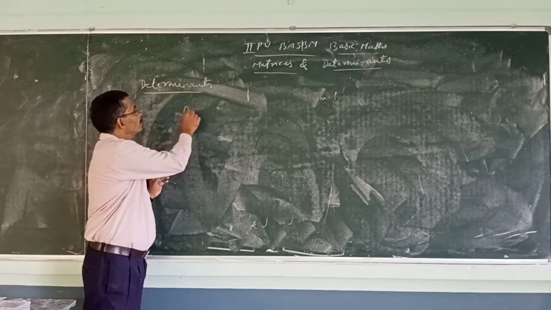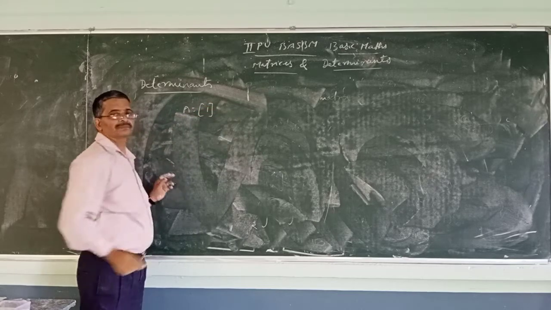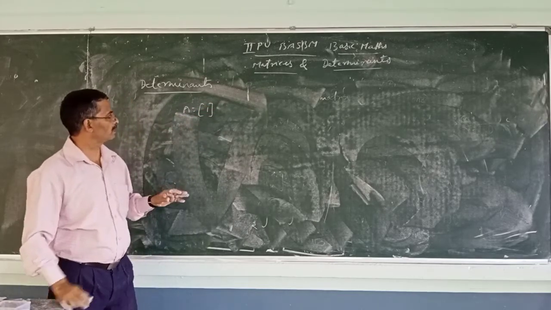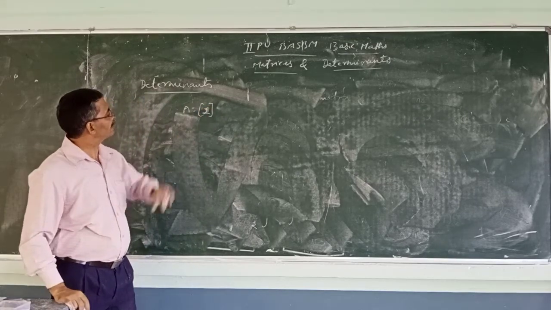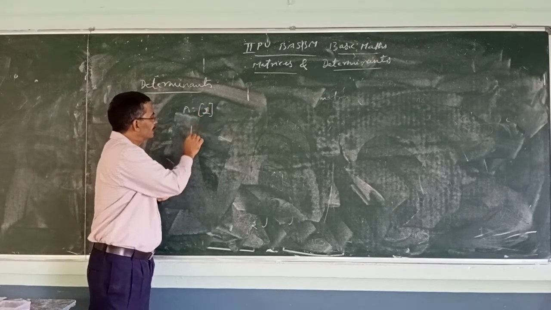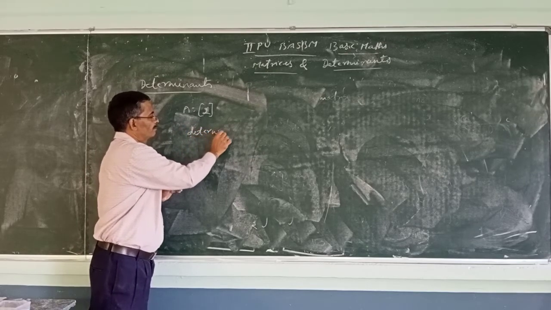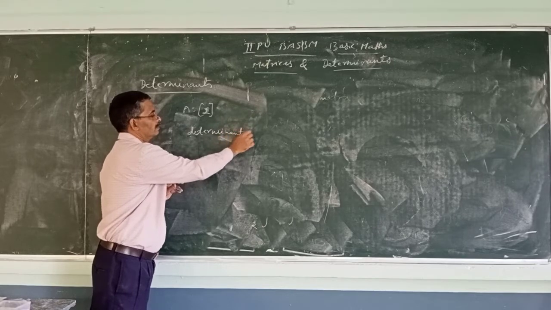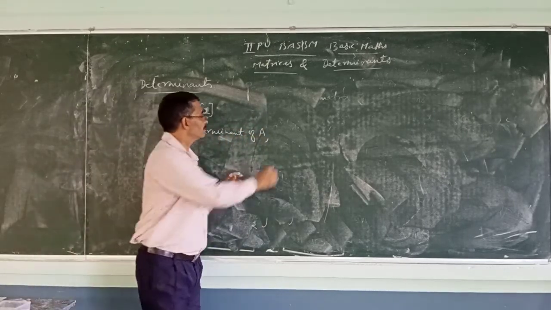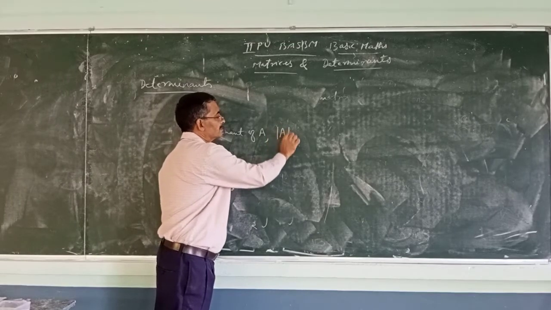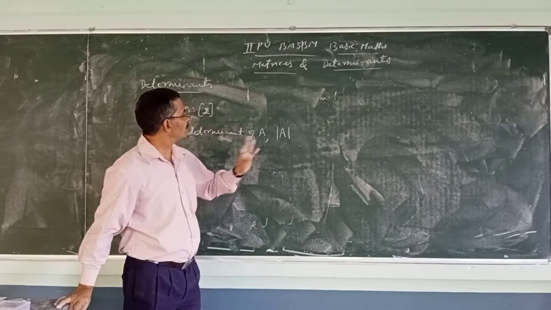So if A equal to, say, 2, any element, the determinant of A is denoted by vertical lines, and inside we write the square matrix.